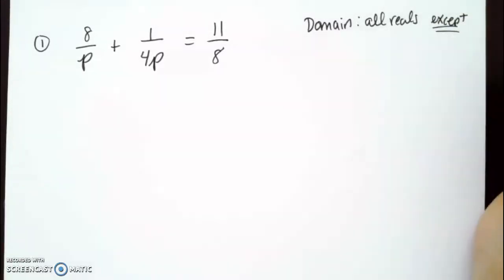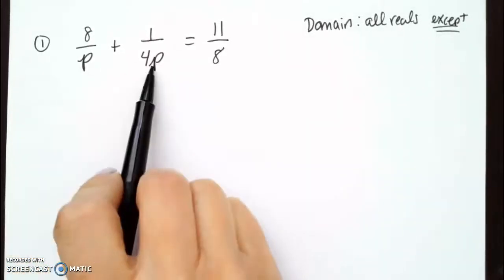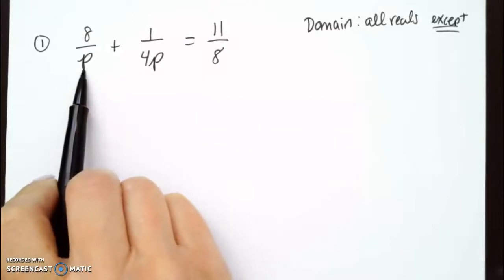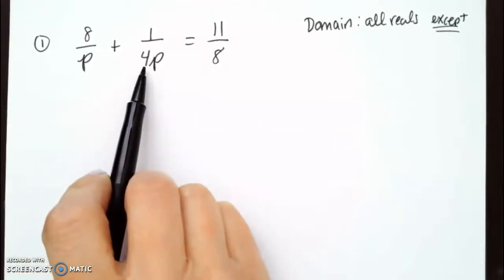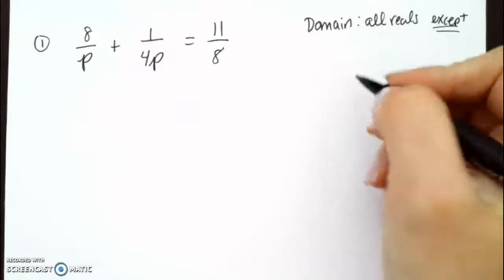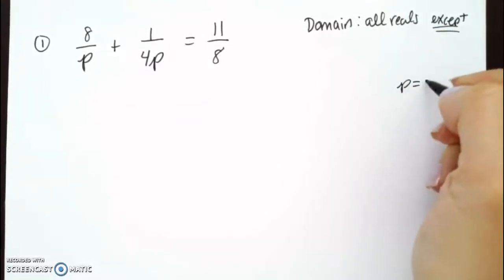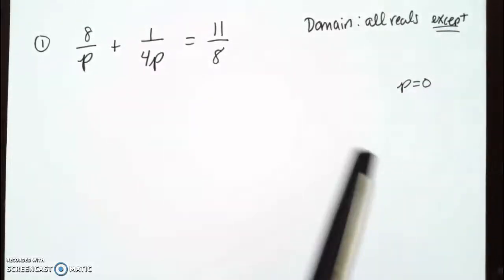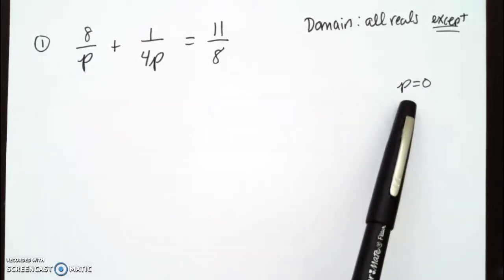There are lots of different ways that you can express the domain, using interval notation or set builder notation. We're just going to write it in words right now because it's just a little reminder for us to think about at the end. Looking at the denominators that contain a variable, I have p and 4p. You could always write yourself a little equation to help you find the value that would make that 0. So p equals 0 is already given.